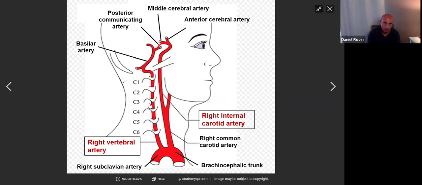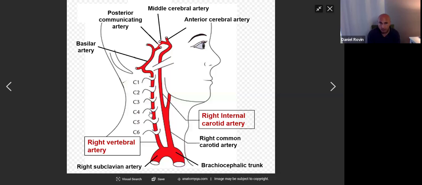It runs through holes in the vertebrae. If that's not an example, Ina, of the body creating a tunnel system, then nothing really is. That artery doesn't really have to go through the vertebrae. It could be adjacent to them, but you get somewhat of a pathway where that artery can be, if you will, kind of protected, but at the same time, if you were to injure the vertebrae, you can injure the artery as well.